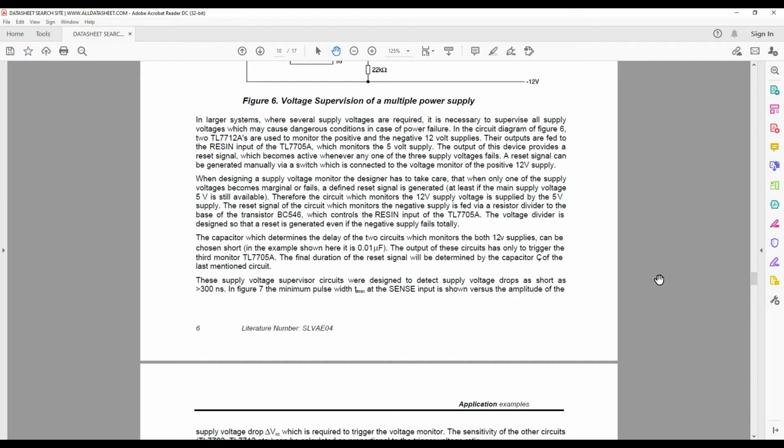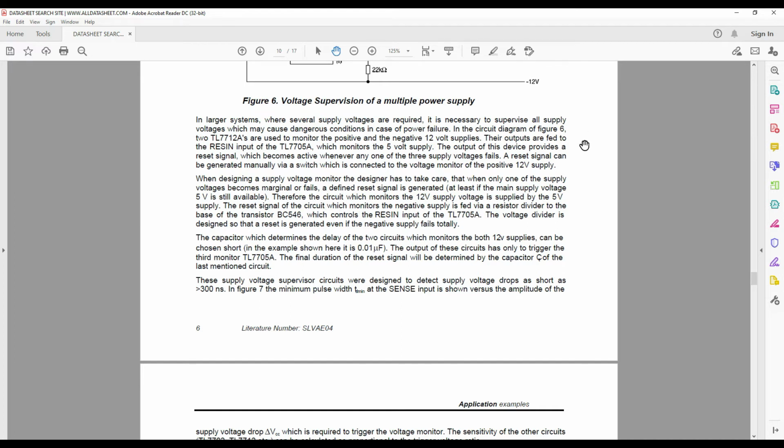These outputs are fed into the RESIN input of the TL7705A, which monitors the 5-volt supply. The output of this device provides a reset signal, which becomes active whenever any one of these three supply voltages fails. A reset signal can be generated manually via a switch, which is connected to the voltage monitor of the positive 12-volt supply.